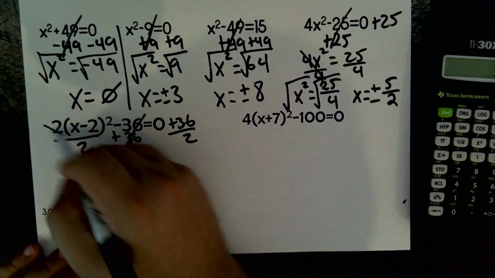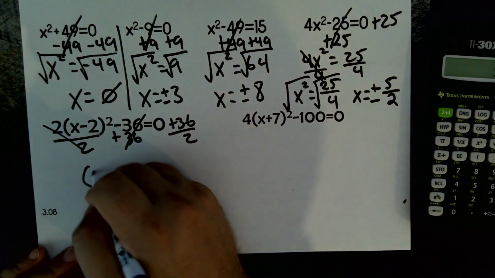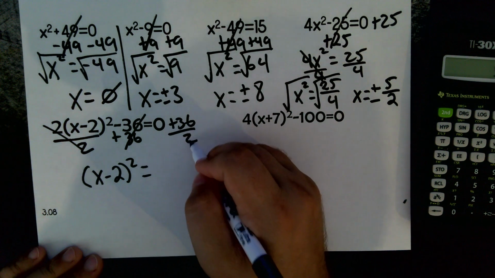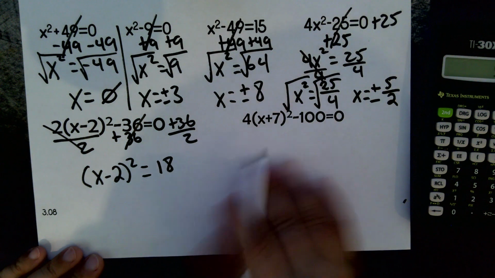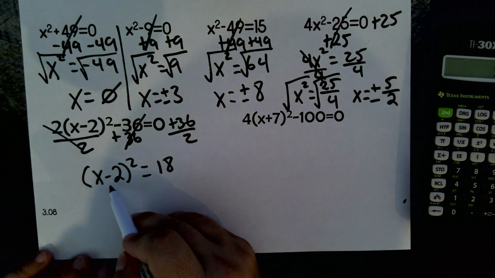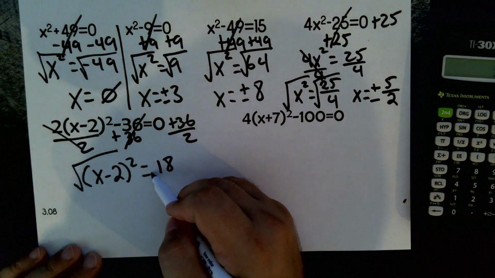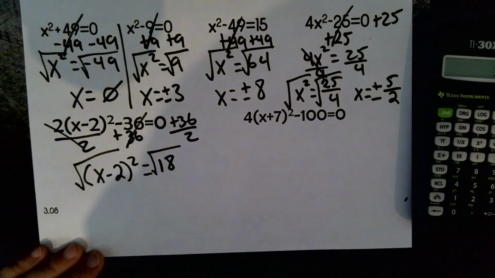And let's just rewrite this a little bit more neatly now. I've got x minus 2 squared left on the left side. 36 divided by 2 is 18. Now I need to undo the square before I undo the subtraction. And I undo the square with a square root. Now 18 is not a perfect square, so I don't want to mess with 18 just yet.